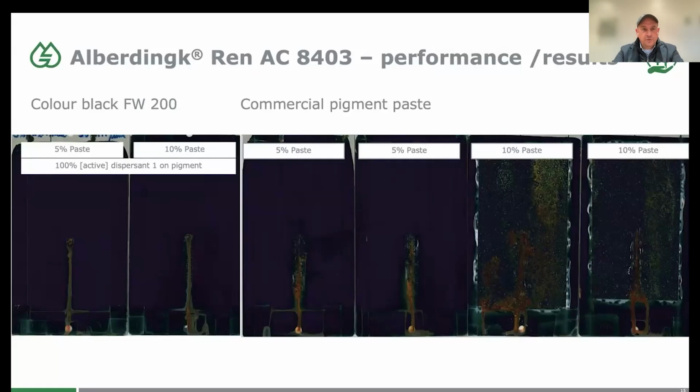And the explanation why the FW200 is so much better than others is probably related to the fact that most carbon blacks are very acidic. FW200 isn't. And when you're dealing with water-based polymers, and that's another thing to take home, and which counts for every polymer that you are using, they are very sensitive upon film formation to external stress.